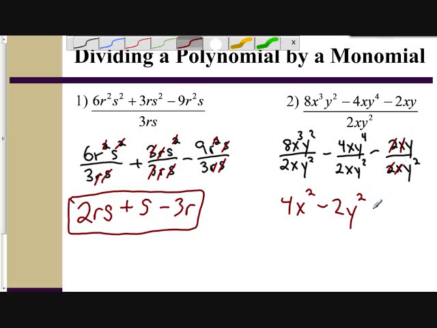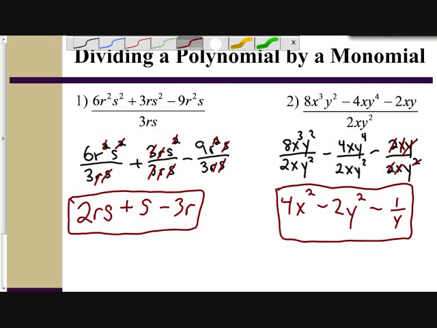X divided by x cancels, and so then we have a y on top and a y squared at the bottom, so one of the y's in the top cancels, and we're left with still one y in the bottom. And since everything in the top canceled, we are left with the number 1. So then our final answer is 4x squared minus 2y squared minus 1 over y.